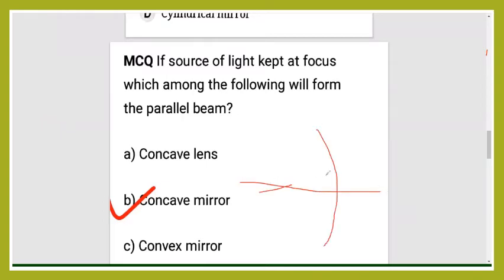So the correct answer for this part is the concave mirror.